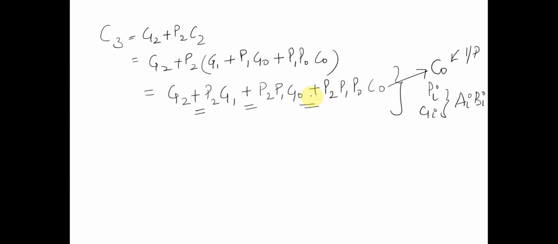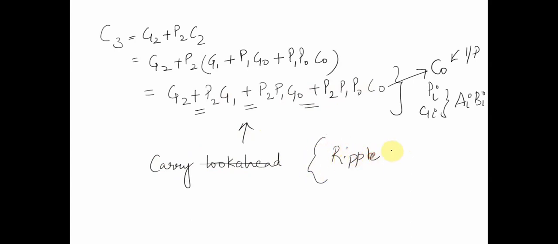This is what is called a carry look ahead generator. This is important because we should know that there is a set of delays in the ripple carry adder which we have seen till now, and this carry look ahead generator helps us eliminate that problem once we do our intermediate calculations.